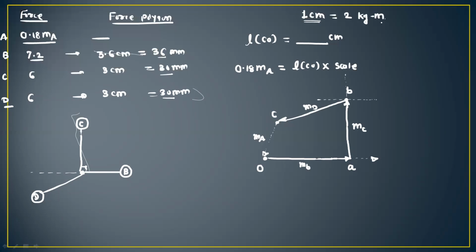Okay, so it is 2 kg meter. 1 centimeter is equal to. So just measure this length CO. So this is equal to 0.18 MA into 2 kg meter.